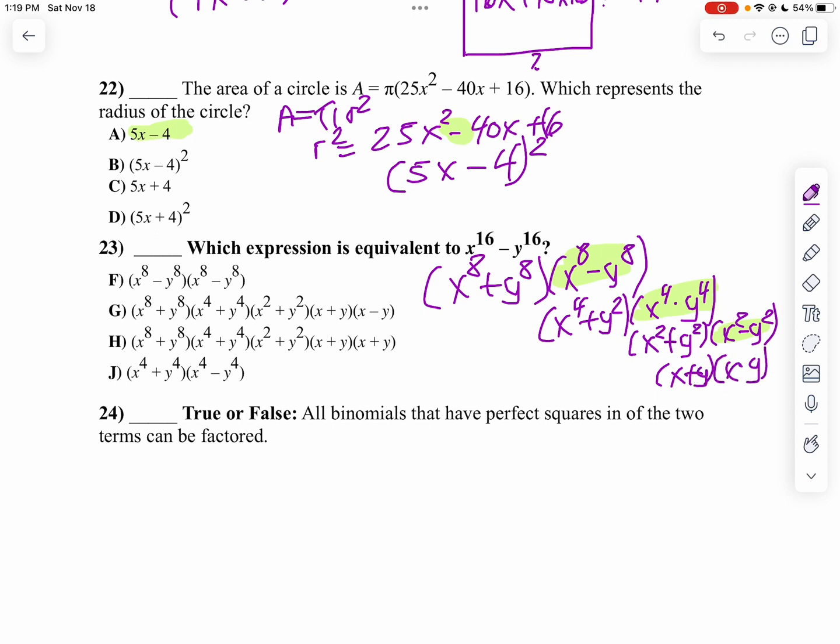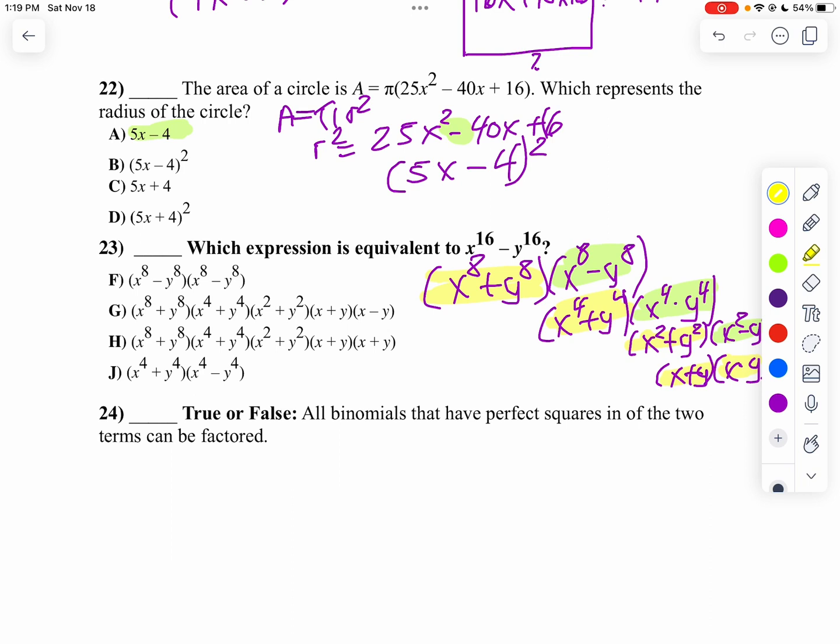So my answer, when I factor this, is going to be x to the 8th plus y to the 8th times x to the 4th plus, whoops, I just noticed I wrote that wrong, not typed it in wrong. That should have been a 4. Hopefully I said the correct answer when I did that. Just wrote it down wrong. Times x squared plus y squared times x plus y times x minus y.